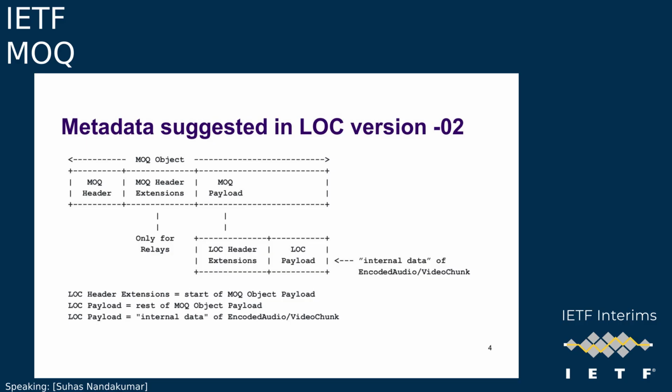And second, even if the audio level and the frame marking might become MOQ header extensions, the LOC draft can still define them, saying that when you're using a media payload in LOC, the audio level can be used for something versus something else. In general, the direction of what you're proposing is fine. At the same time, the framework should support how we define payload header extensions, and it can also define header extensions corresponding to MOQ as well. I don't think we'd have to remove it from the LOC draft.